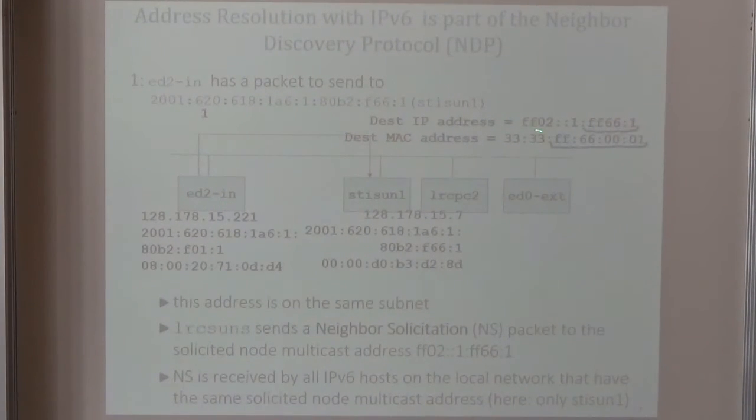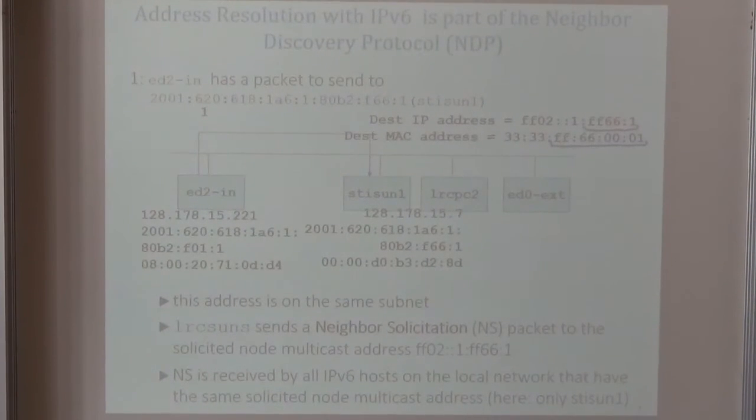Now the question is, who is the destination IP address of this packet? The destination IP address cannot be the IP address of this guy. So I'm doing IPv6, and this router here is asking who has this IPv6 address here. But of course, you cannot send it to this machine because sending it to this machine requires having the MAC address of this machine.